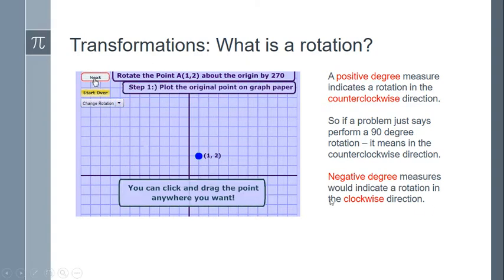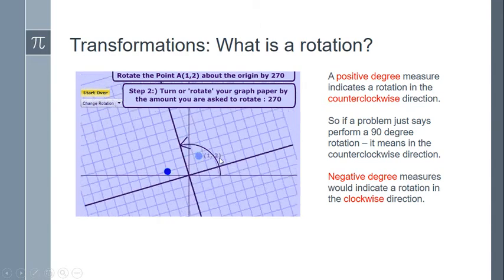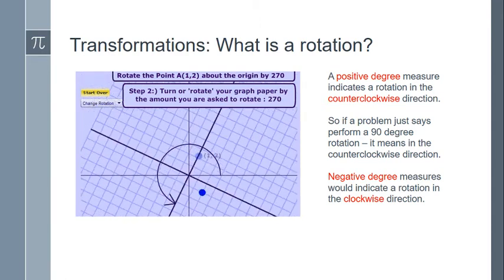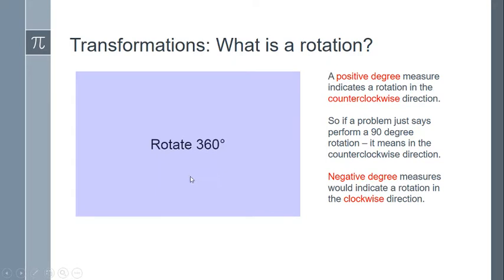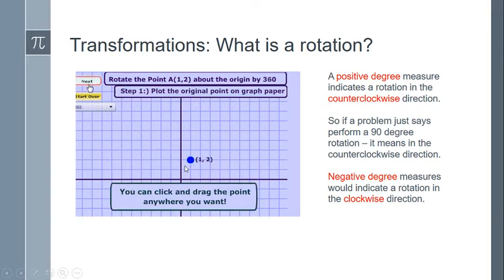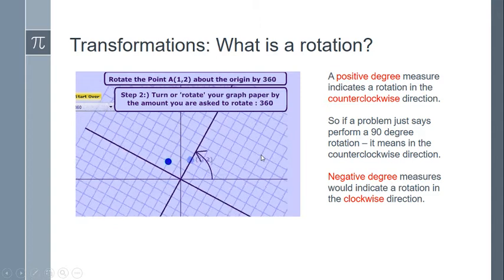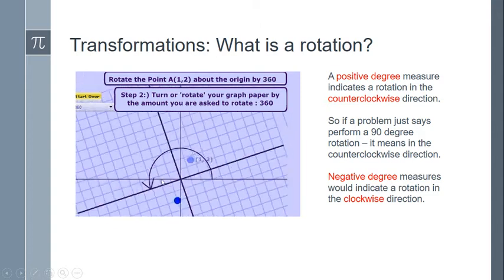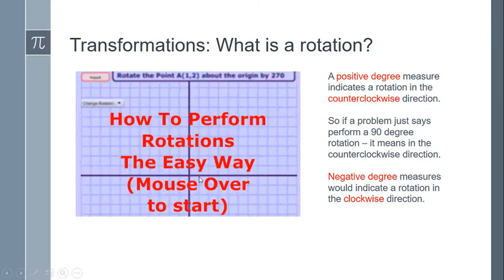So here's that same point, 1, 2, and now we're going to go ahead and perform a 270-degree rotation. Notice how this point is just spinning about that origin. That's our center of rotation there. It'd be like a tire; the center of the tire would be the center of rotation. And then finally, we can see that if we perform a 360-degree rotation, we end up exactly back where we started, right? Because there are 360 degrees in a circle.